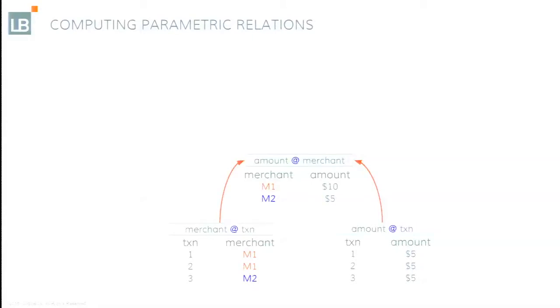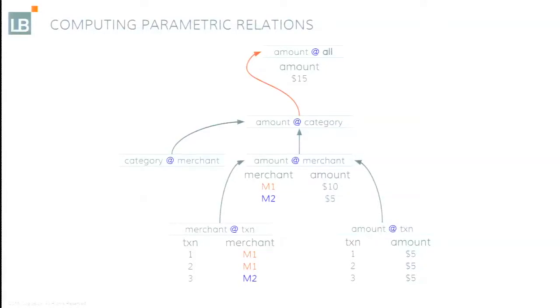Since we also have a relation that is category parameterized by merchant, I can use these two together to compute amount at category. We also have an all member that all discrete members implicitly map to, and from that, I can derive the amount at all relation, which is a single column relation that just contains one amount.